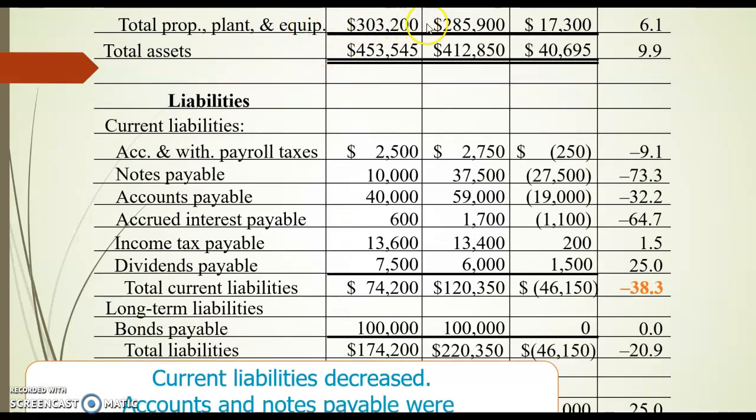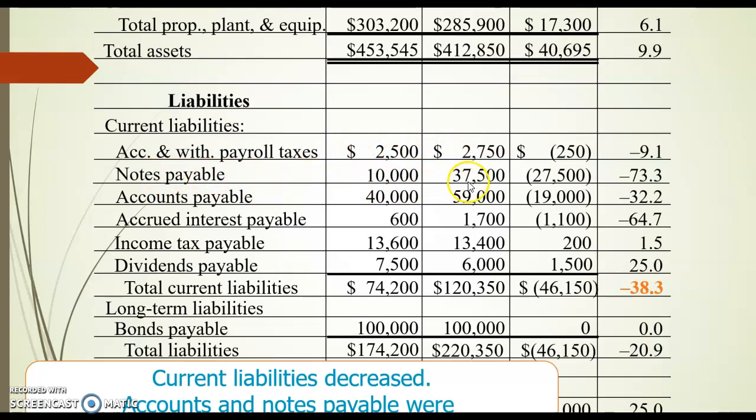Okay, so there was our total property, plant, and equipment, and our total assets. Then we go down to liabilities. Accrued liabilities and payroll taxes are just small things that we owe out, and that's small dollars, so we would not investigate that.